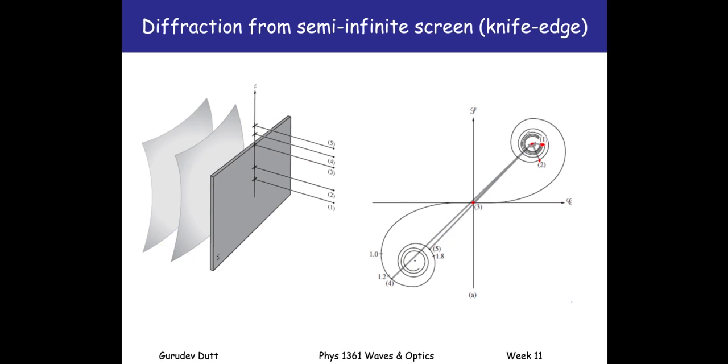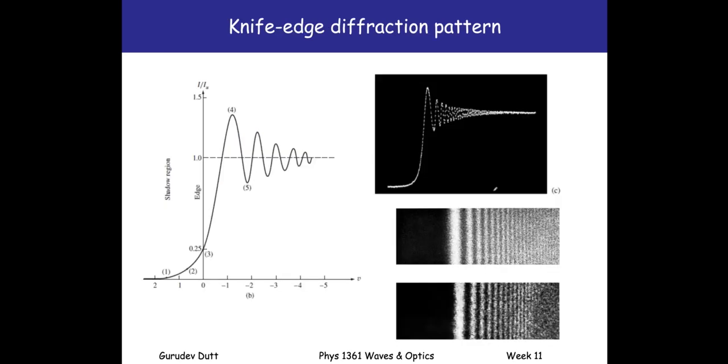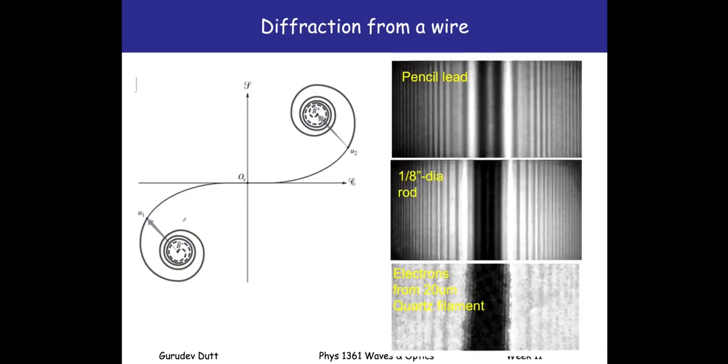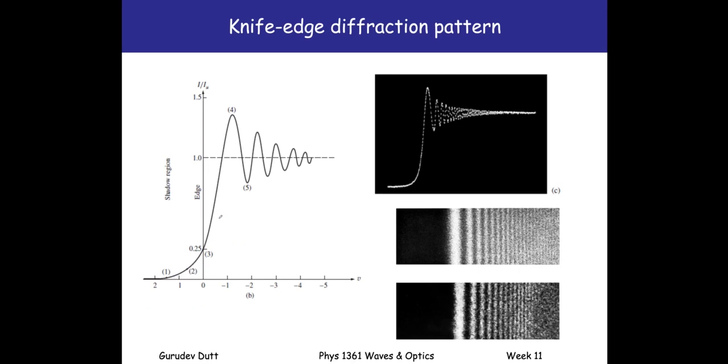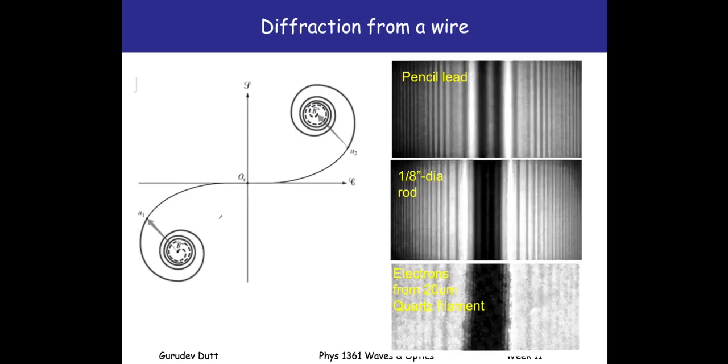This point is going to be exactly 1/4 of that distance, and the maximum value over here, again given by the square of that phasor, and then minimum at the point 5 that I just talked about, and the points 1 and 2 are in the geometric shadow region, as shown here. And here are some pictures and a graph of the knife edge. With modern devices, we can resolve hundreds of these fringes with lasers and scanning detectors and so on.